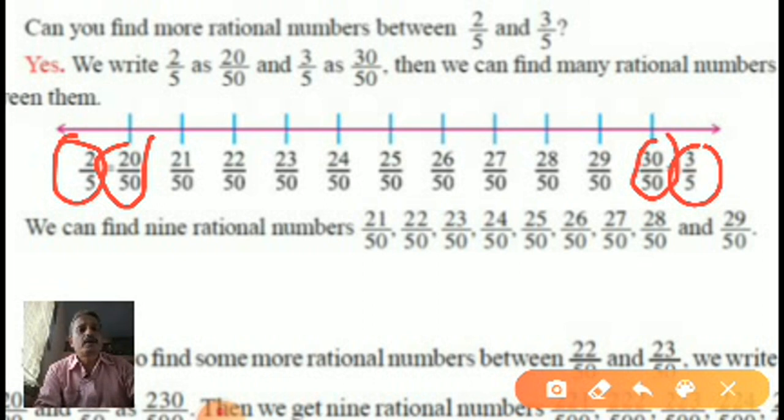So after that I can make it 10 parts, 21, 22, 23, 24, and everywhere the denominator remains the same, 50. So you can find so many numbers between two rational numbers, countless. For your information, I took an example of 10 numbers.